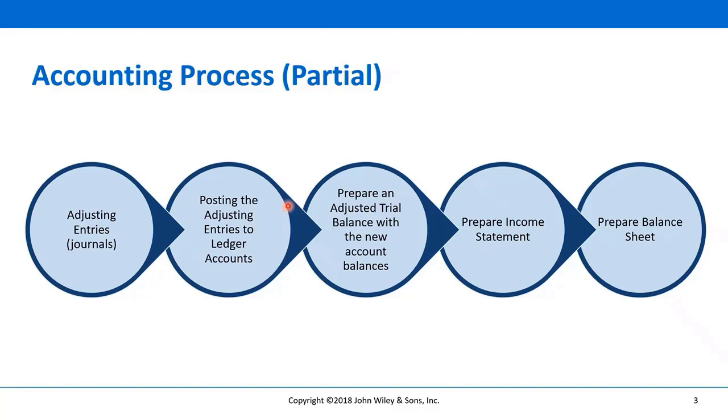So some of the ledger accounts related to the adjusting entry will have the journal posted there, and since the journal will be posted there, the balance of the ledger accounts will change, and we can prepare the adjusted trial balance with the new account balances. So we have seen in chapter 3 that we can do that, right?